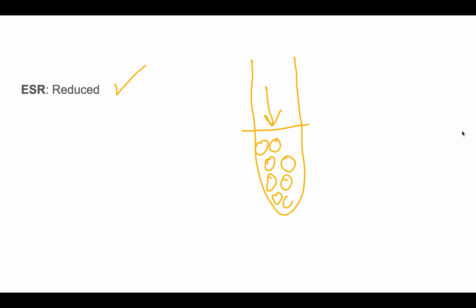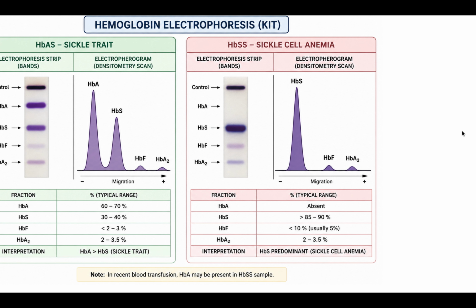Then ESR is reduced in such a patient. Why is ESR reduced? The ESR method relies on stagnation of the RBCs in the tube. Biconcave cells can rest over each other, however sickle cells do not form proper rouleaux. Therefore the ESR is reduced in sickle cell anemia.